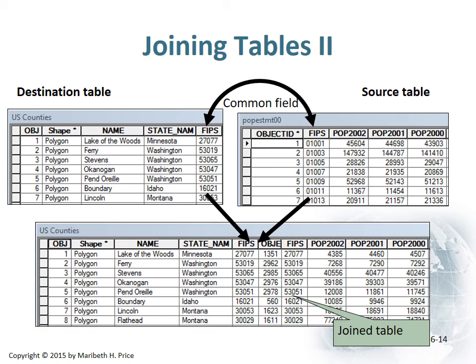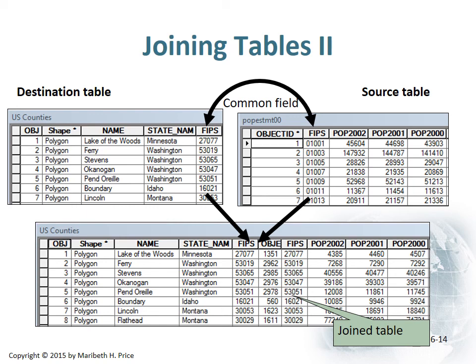We join those things together, and we wind up with a table that has, again, the information from both. So our destination table, or our original, has the primary key of FIPS. The source table we're bringing information from has that same FIPS column, although we don't see it on the graphic. Those numbers are going to be identical between them, and they're going to relate to the same features, which is U.S.